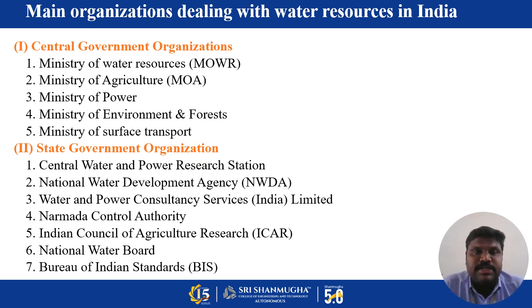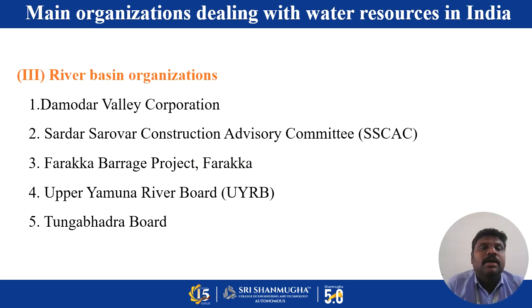Under state government organizations: Central Water and Power Research Station, National Water Development Agency, Water and Power Consultancy Services, Narmada Control Authority, and Indian Council of Agricultural Research, through which so many things are carried out, National Water Board, and Bureau of Indian Standards for water quality analysis. In case of river basins: Damodar Valley Corporation, Sardar Sarovar Construction Advisory Committee, Farakka Barrage Projects, Upper Yamuna River Board, Tungabhadra Board, and now we have Kaveri.